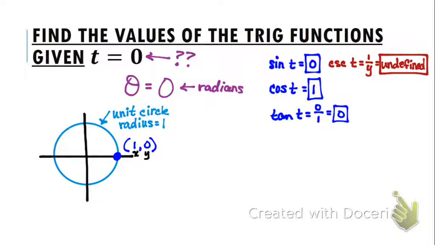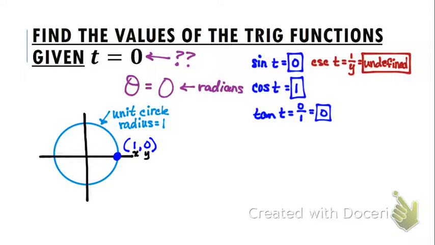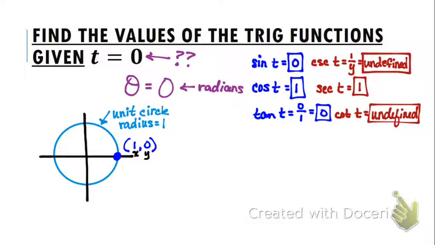Cotangent. Because that would also then become 1 over 0, right? What would secant be? 1. Because it'd be 1 over x, so I have 1 over 1. You guys okay with these so far? Let's try another one.